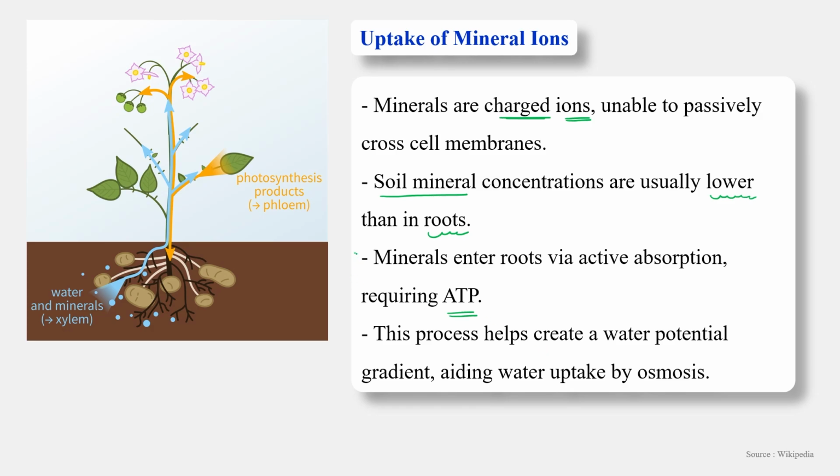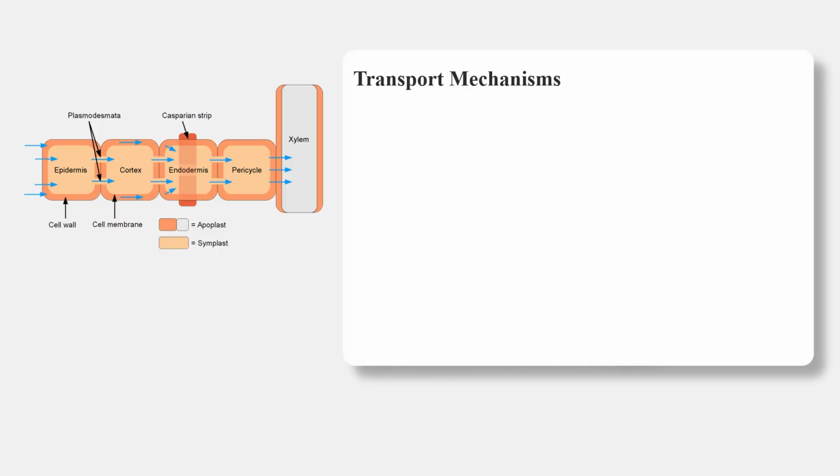So minerals enter inside the plant body using ATP, but water uptake is only via osmosis. Clear? Now, transport mechanism. Ions are absorbed both passively and actively, right?